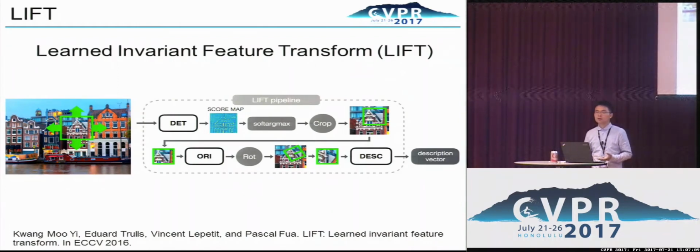This work, named the Learned Invariant Feature Transform, LIFT, is essentially based on the previous works of their team. All these previous works on feature detection, orientation estimation, and feature description are CNN-based. LIFT just combines them together with differentiable connectors so as to learn all the steps in an end-to-end manner.